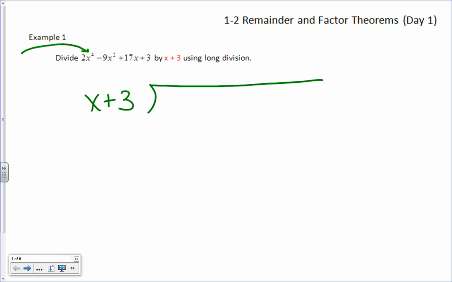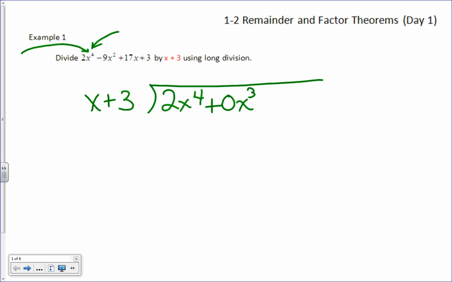And so what we're going to do is we're going to write it in here. So we got 2x to the 4th. Yeah, I've paused there because we are missing one of the terms. And so we got to make sure that it goes in descending order. So here's to the 4th power, right? We are missing the 3rd power. Now it really doesn't matter if you put plus or minus, because you are going to put 0x to the 3rd.